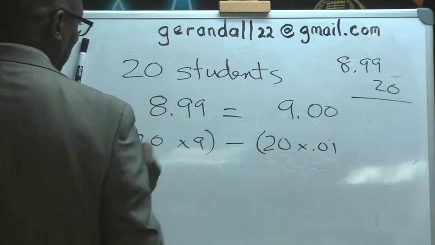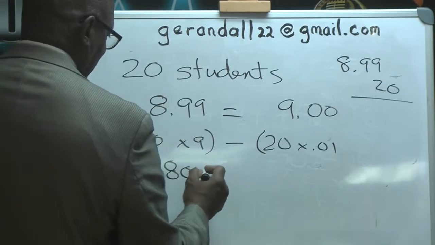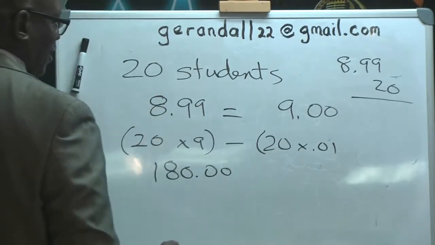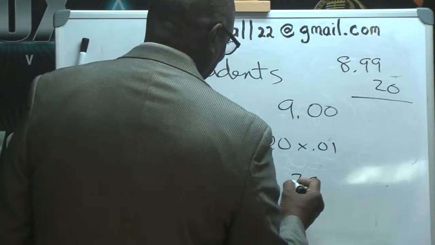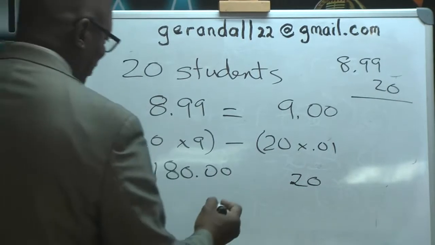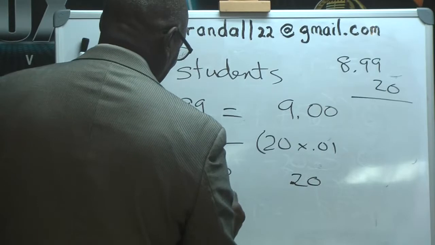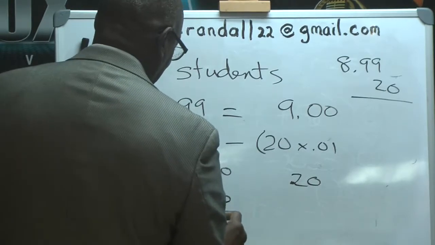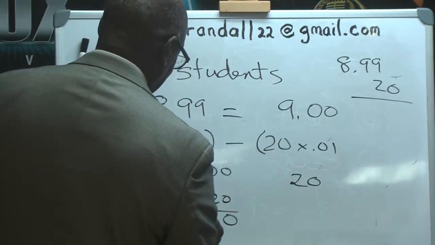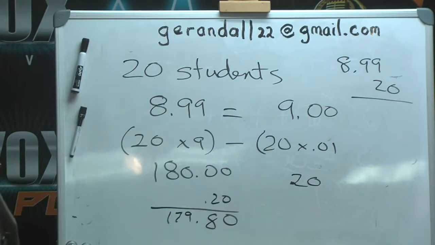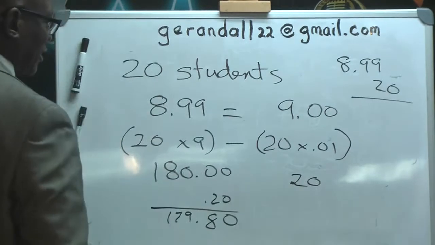We know that 2 times 9 is 18, and put that 0, 180. And over here, 1 penny times 20, 20 cents. And then we subtract 20 cents, right? And that should be, what, 179? Real quick. And we used the distributive property.